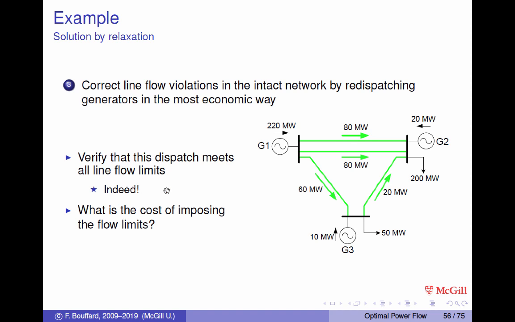So clearly here, if we put in injections of 220, 180 megawatts, and here 40 megawatts, then we will be able to prove that all the lines are within limit. So the cost of doing this is going to be the difference between the cost with the new requirement minus the cost with the old requirement.